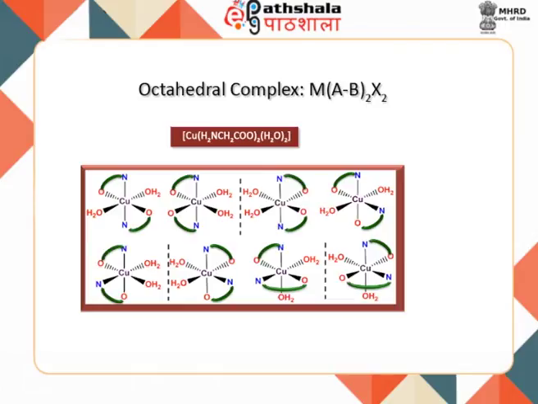First, nitrogen and oxygen of one ligand can be cis, or second, they can be trans to the nitrogen and oxygen of another ligand. All possible arrangements can give 5 diastereomers, out of which 3 are enantiomers. This means a total of 8 stereoisomers are possible.